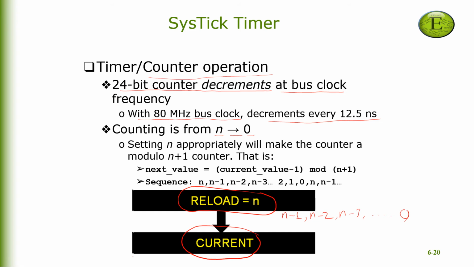When you load the value n into the timer, it is essentially a modulo n plus 1 counter, meaning that the current value will be less than or equal to n.